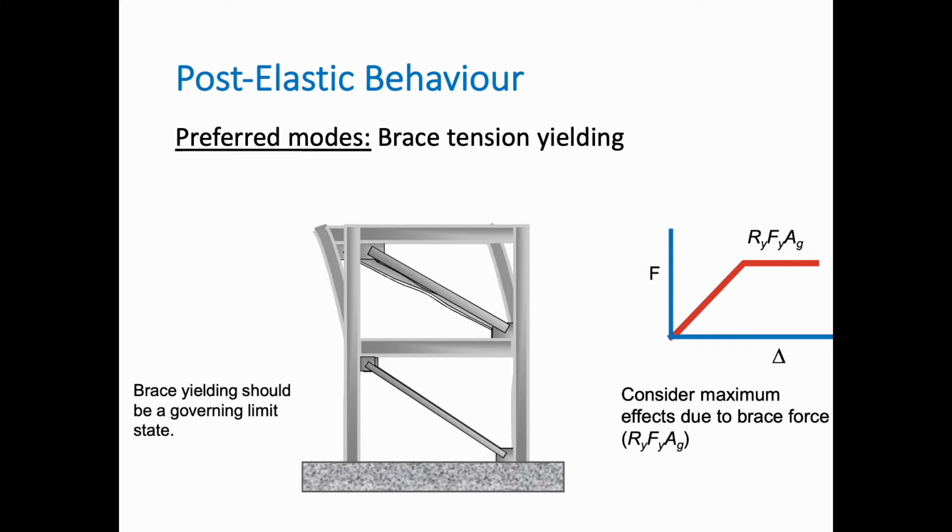We consider that there is no strain hardening after the Fy is reached, which is not the case. In reality there is, but for simplification we assume there is none. So we are considering the maximum effect due to the brace force.